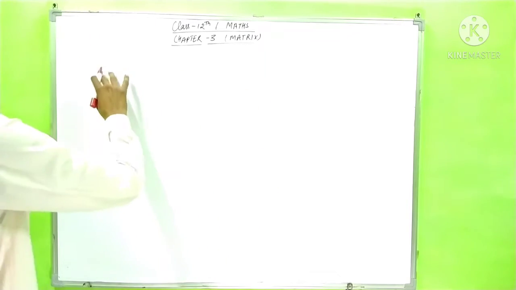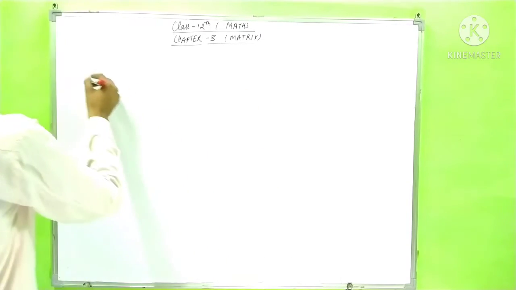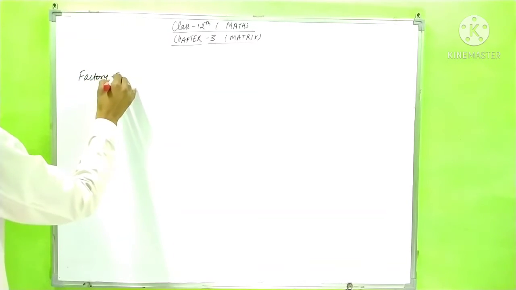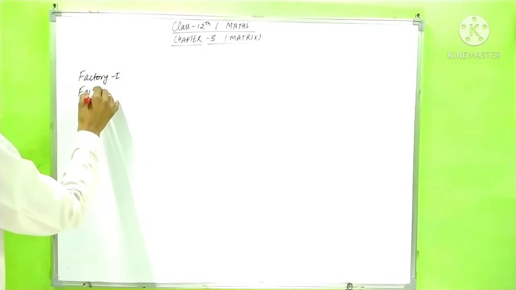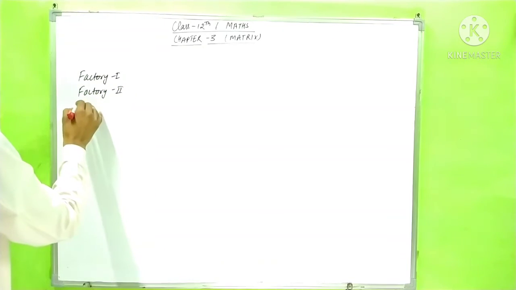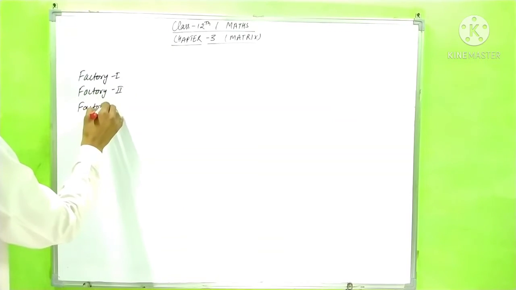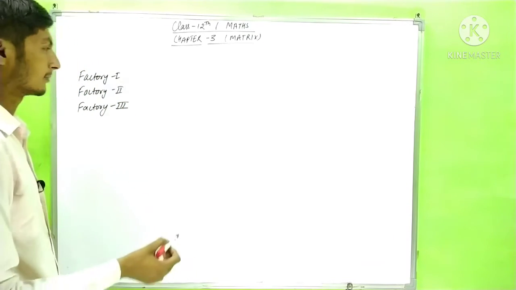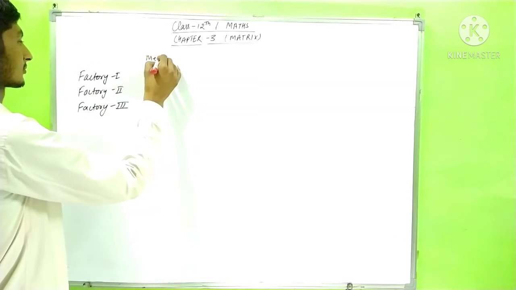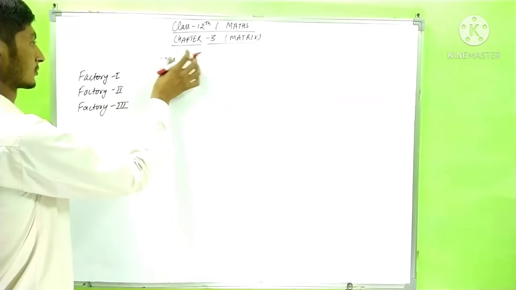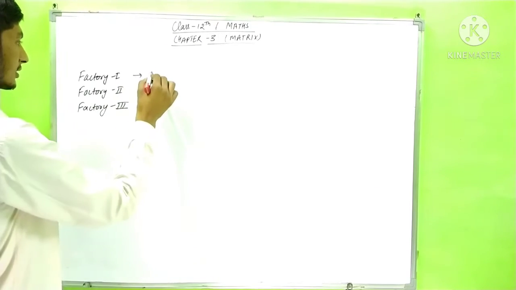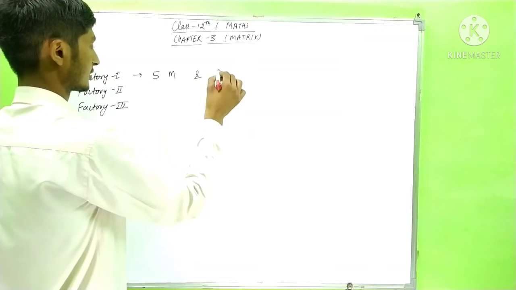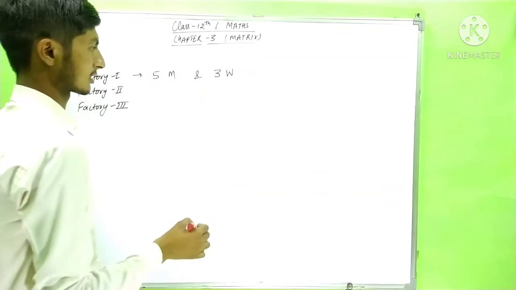Let's say there are 3 factories in an area. Factory 1, factory 2 and factory 3. And the number of workers, man workers, in factory 1 there are 5 man workers and 3 women workers.